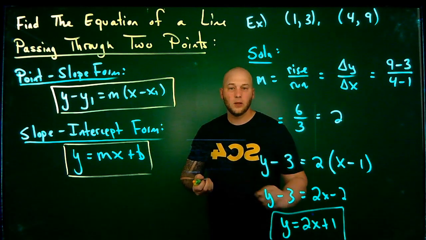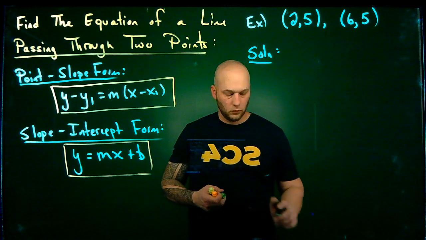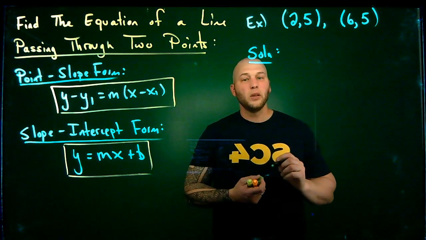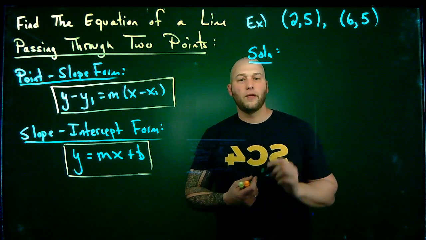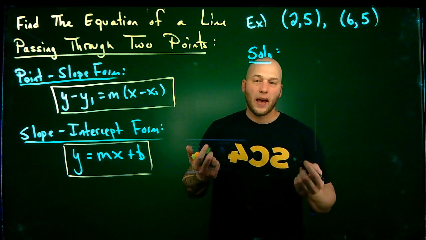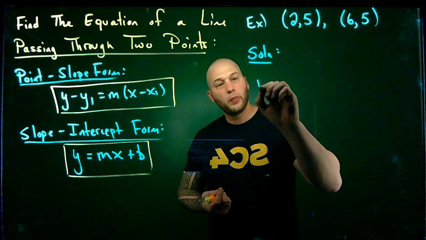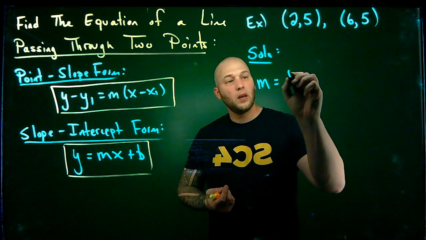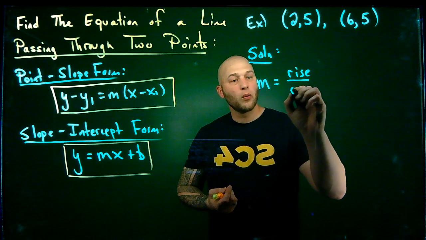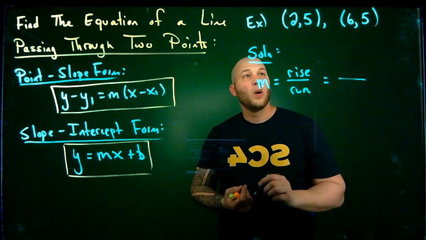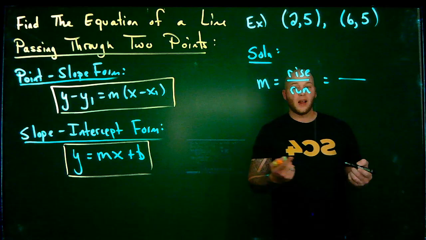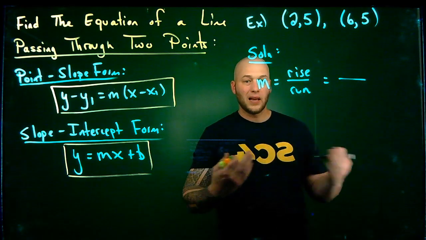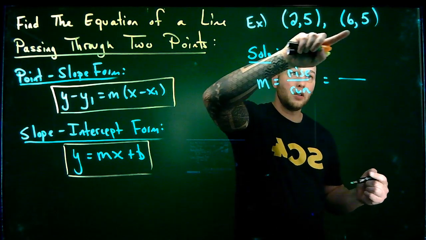Okay. Let's look at another example. Next example, let's use the points 2, 5, and 6, 5. Once again, what I don't have is my slope, therefore I'll compute it. Slope would be the rise over the run. All right. Well, between those 2 points, how far did I run? In other words, what is the horizontal distance going from this point to this point?